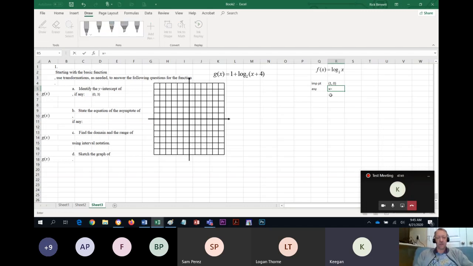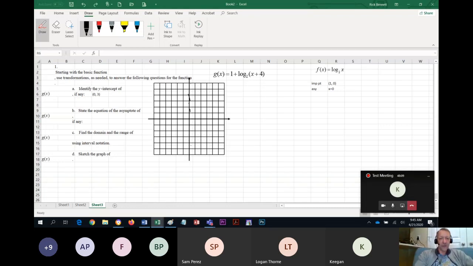X equals 0. Okay. So if I'm drawing on here, I've got an asymptote on the y-axis, and it's going to go. Well, that didn't go through 1, 0 though. Try that again. Getting closer. Hard to draw this with your finger.